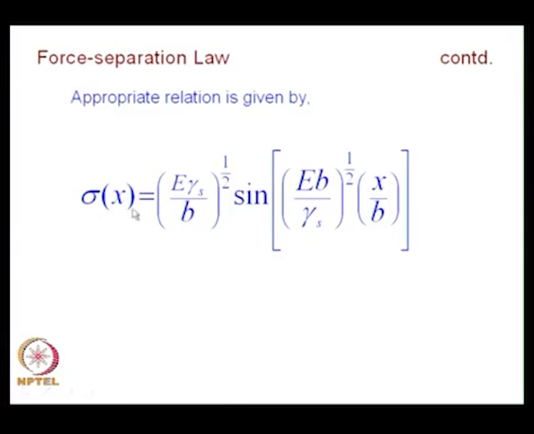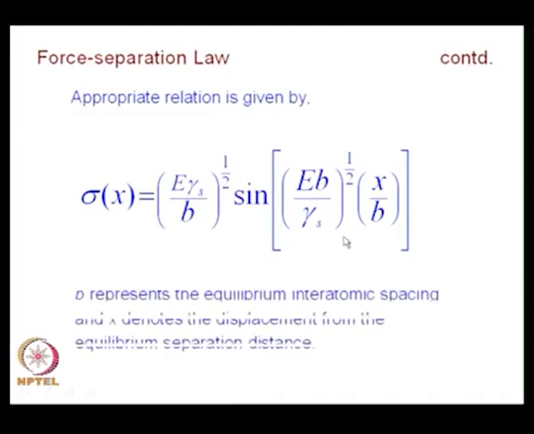Sigma as a function of x is given as (E gamma s divided by b) whole power half multiplied by sine of (E b divided by gamma s) whole power half into x by b, where b represents the equilibrium interatomic spacing, that is what you had seen in the sketch, and x denotes the displacement from the equilibrium separation distance.